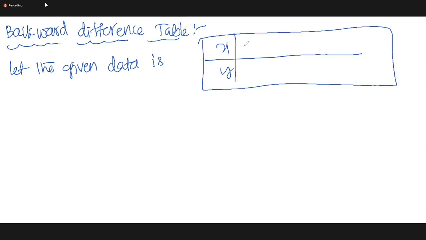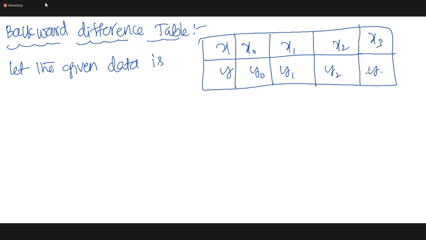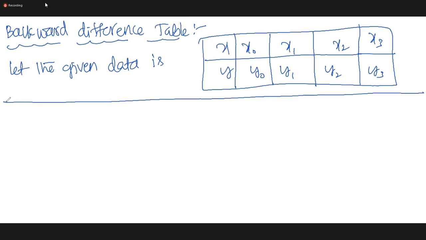X values are x naught, x1, x2, x3. Y values are y naught, y1, y2, y3. So there are 4 partition points, so we will get up to third order backward differences.